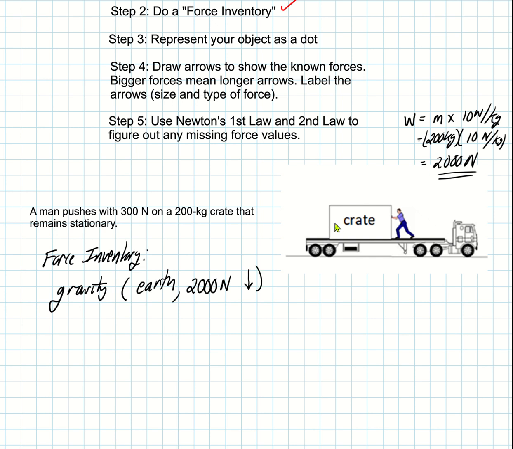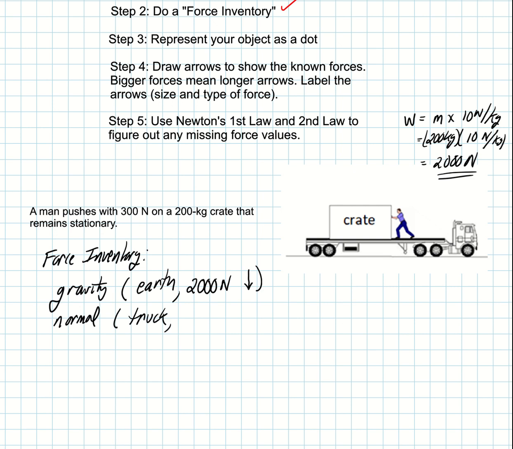Okay, now, what's another force that I know? I know that the crate is not falling, so that means the truck is pushing up. That's a normal force. Remember, normal is a weird name for a very typical force, pushing. It's going to be the truck or the trailer. I'm just going to write truck.